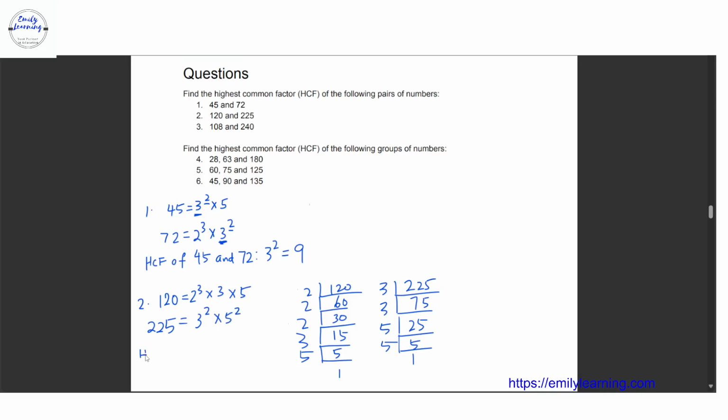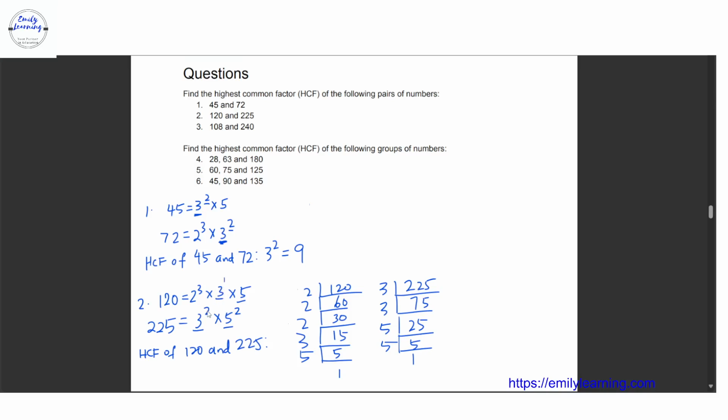To find the HCF of 120 and 225, I'll first look for a common base. The common base here is 3 as well as 5. Next, let's take a look at the 3. I need to take the one with the smaller index. 3 is basically 3 to the power of 1.